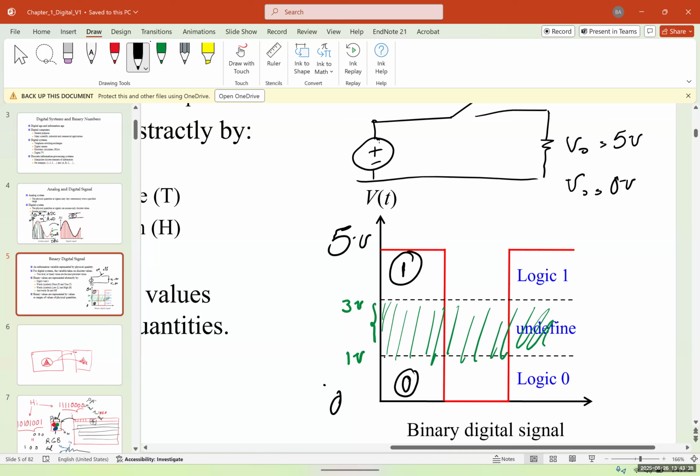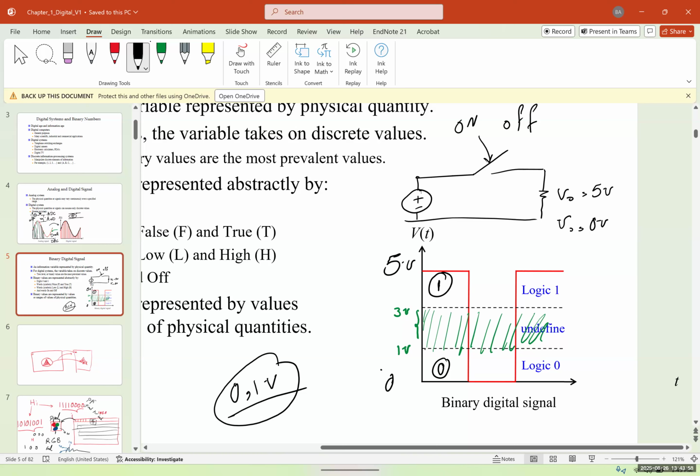Now, why do we need this undefined region? I'll explain in a bit. But before that, you may ask, instead of 0 and 5 volts for 0 and 1, why don't we use 0 and 1 volts? There are some benefits when we use 0 and 0.5 volts.